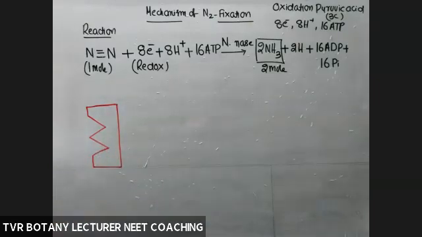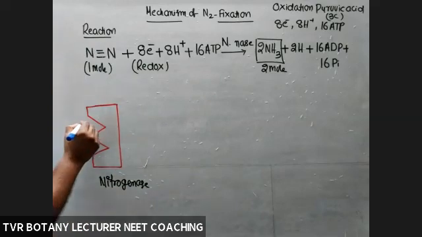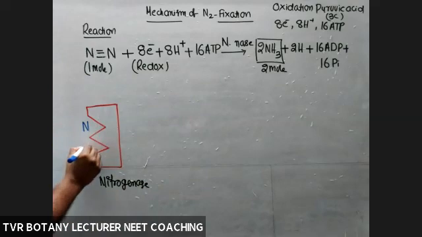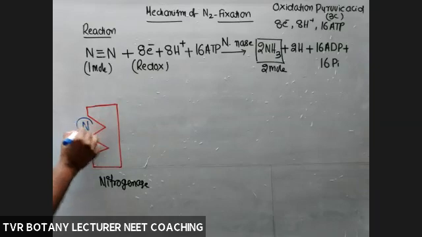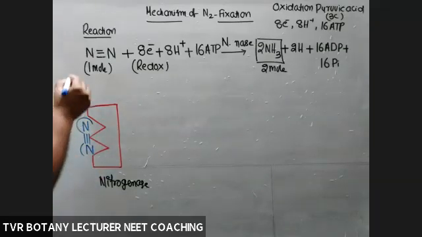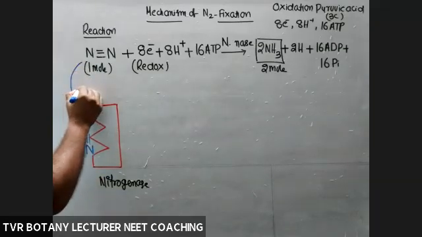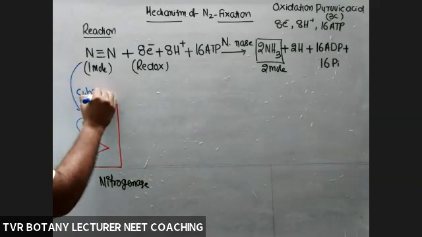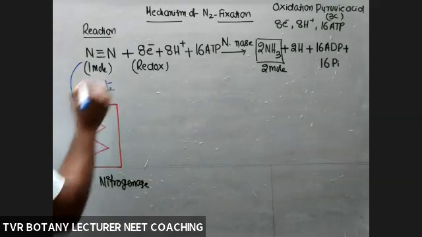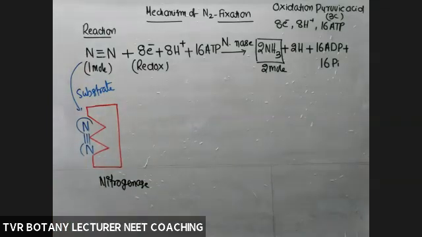Now comes the binding of N triple bond N. Here one nitrogen atom is bound, atom 1, atom 2, with 3 bonds. So the substrate is bound. N triple bond N is the substrate.